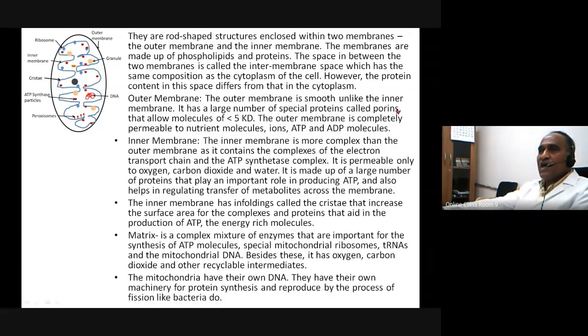These porins allow molecules smaller than 5 kD, 5 kilodaltons or 5,000 daltons. That means they allow the movement of certain ions and other things. The outer membrane is completely permeable to nutrient molecules, ions, ATP and ADP molecules.